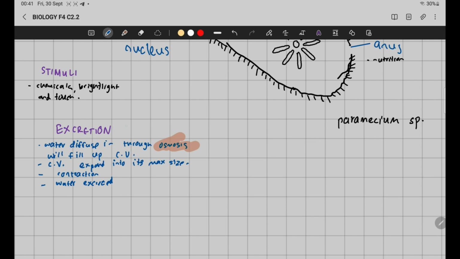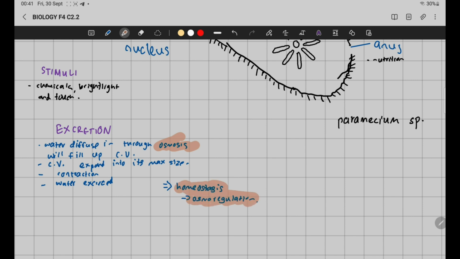And before I forget, this process we call homeostasis, a part of osmoregulation. This is just a term for the whole process. As the name suggests, osmoregulation is regulation of osmosis.